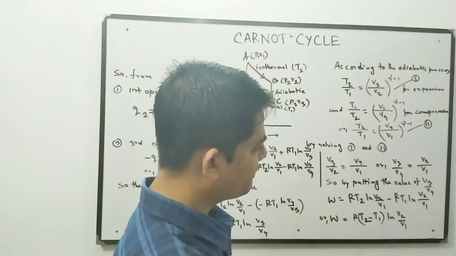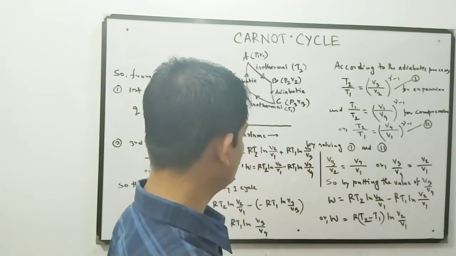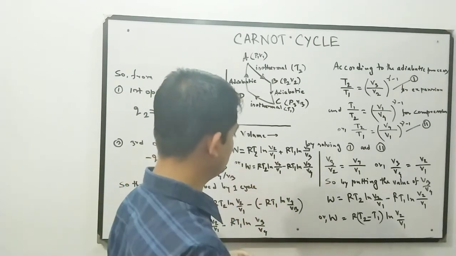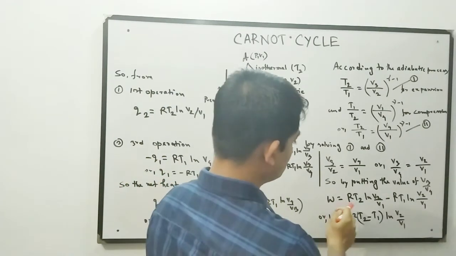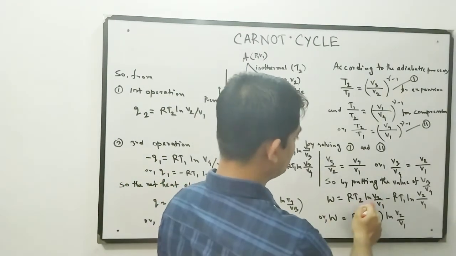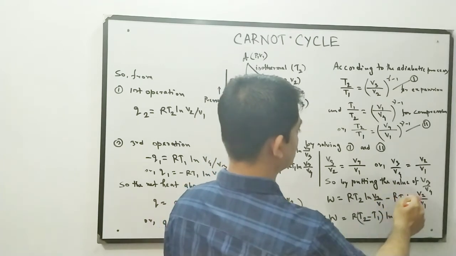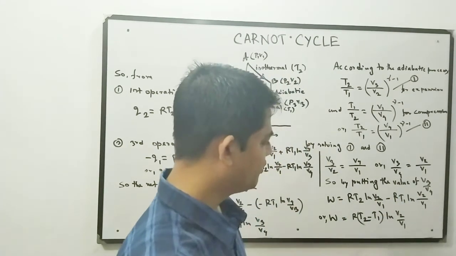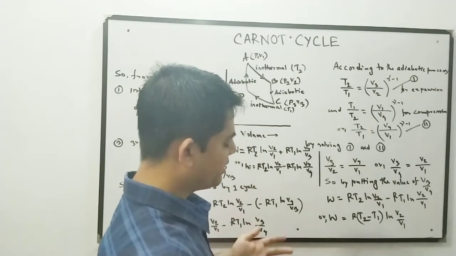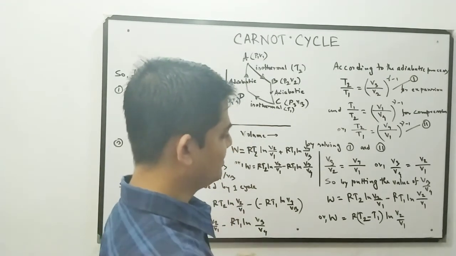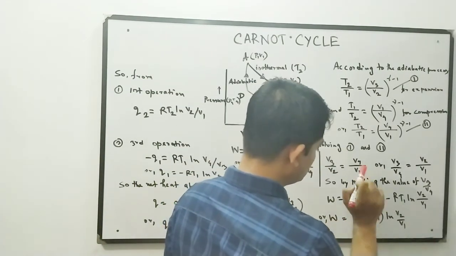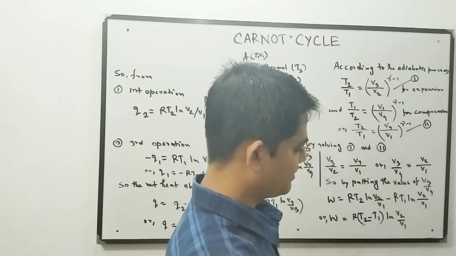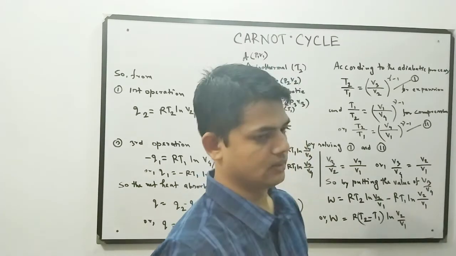So by putting the value of V3 by V4 in this expression of W, we get W is equal to RT2 ln V2 by V1 minus RT1 ln V2 by V1 in place of V3 by V4. So the new expression of W is equal to R (T2 minus T1) ln V2 by V1.